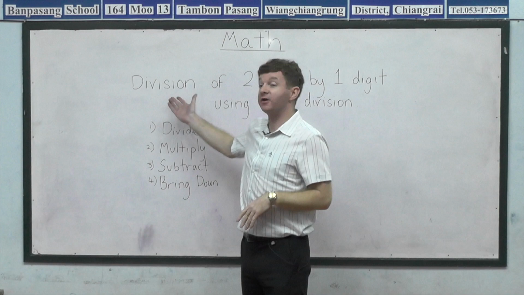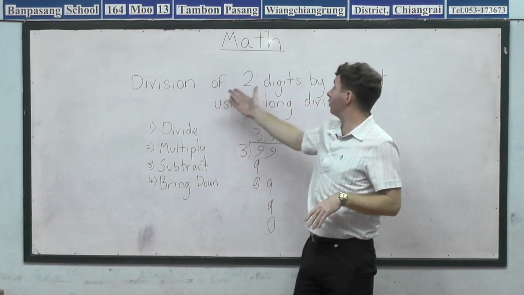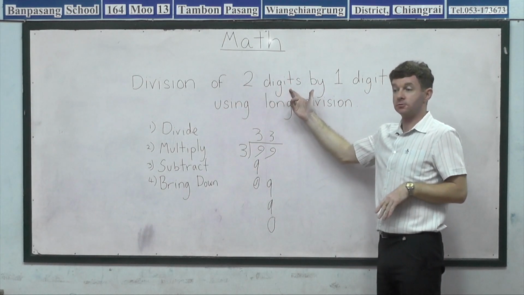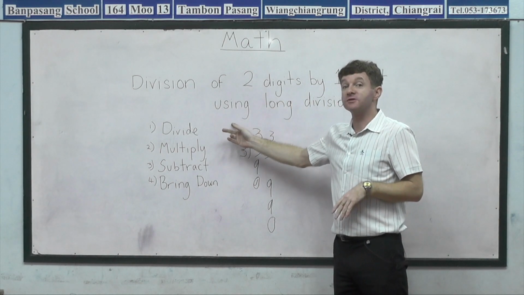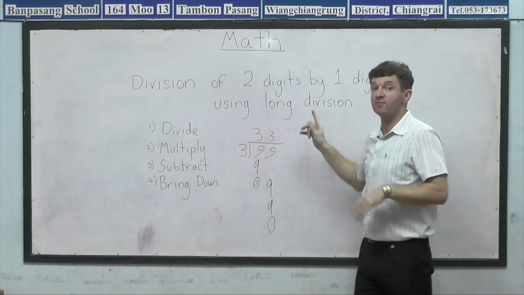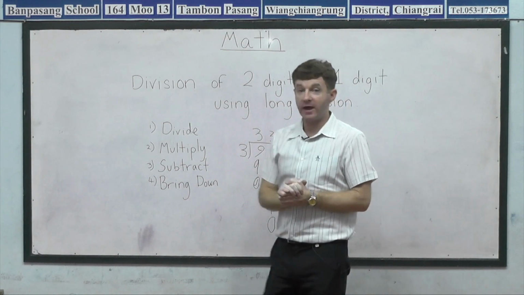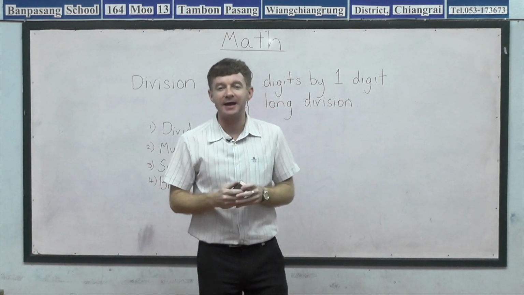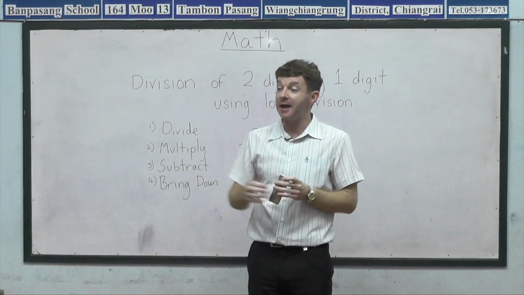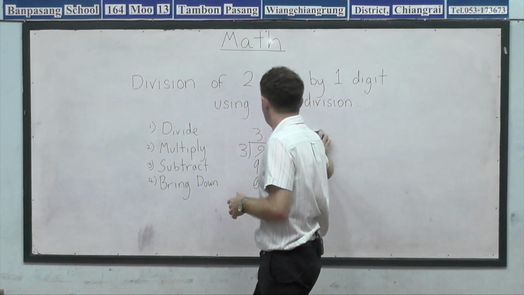So this is division of 2 digits by 1 digit using long division. Okay, so before we move on, I would like to do one more problem. Can I have one more volunteer? Pat, can you join me at the front?